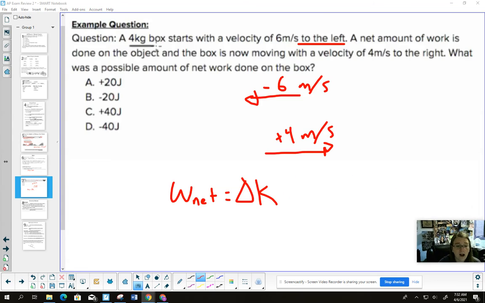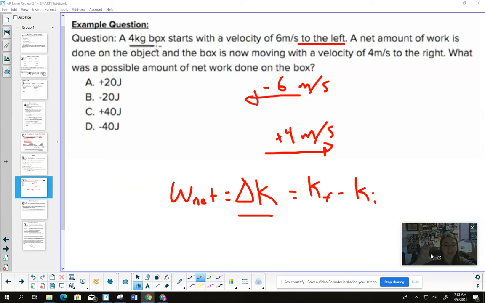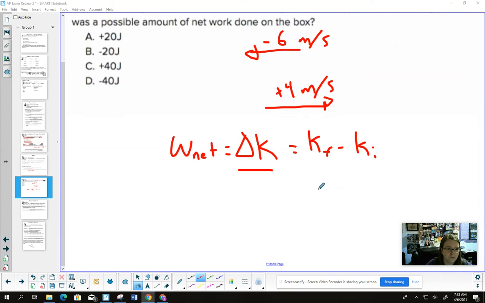So we just need to figure out what this change in kinetic energy was to figure out what the net work was. Do you guys remember change in K? What would I expand that to? I'm subtracting two things to get a change. That's K final minus K initial. That tells us the change in K, where it ended up minus where it started.